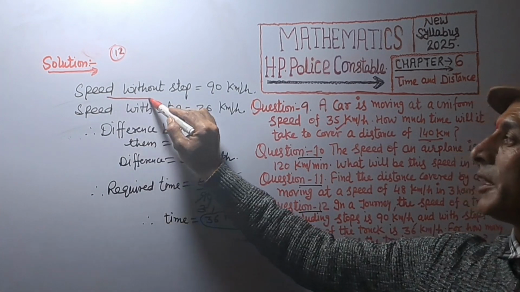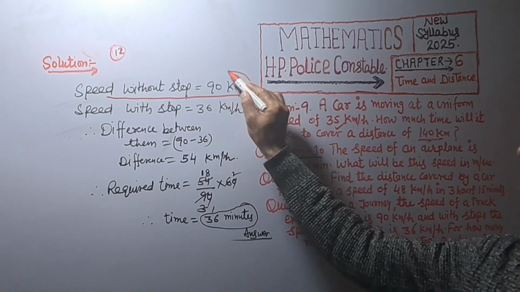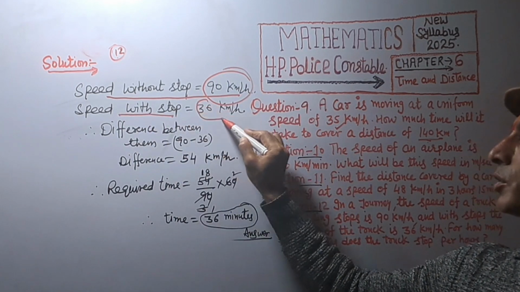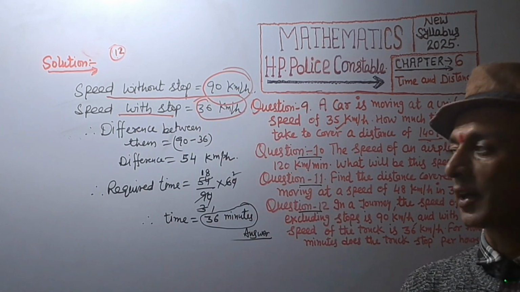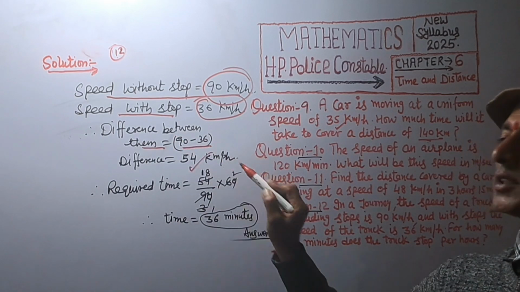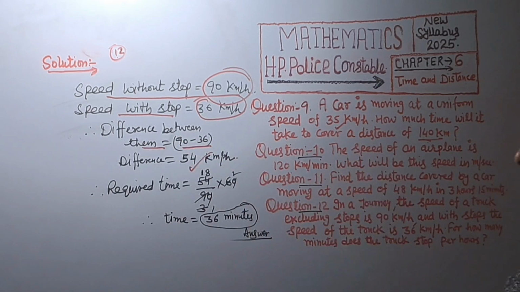Answer. Speed without stop is equal to 90 kilometer per hour and with stop is equal to 36 kilometer per hour, and difference is equal to 90 minus 36 is equal to 54 kilometer per hour.